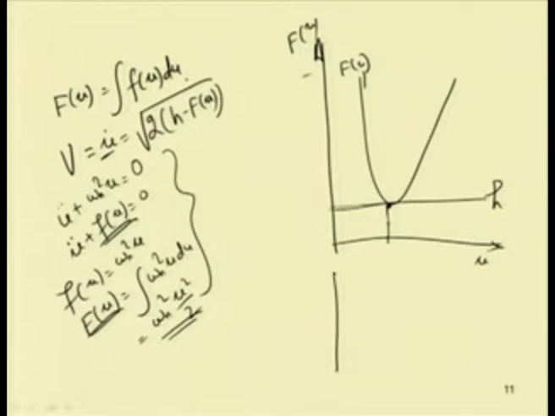If I plot u dot versus u, corresponding to this I will have a 0 response. That means the velocity and displacement both are 0 in this case. So this point corresponds to u 0.